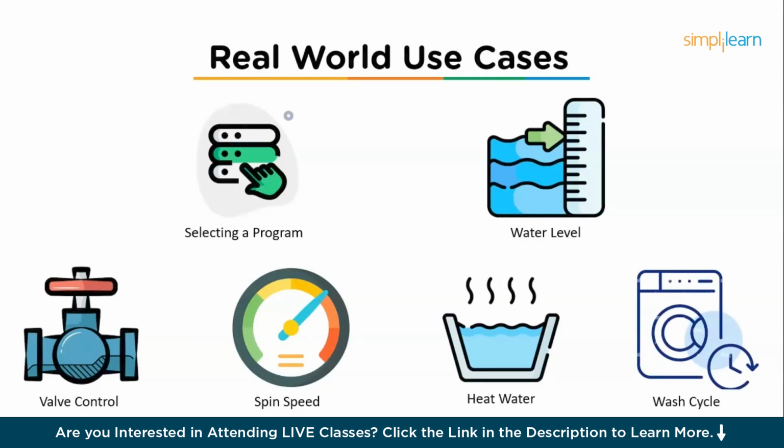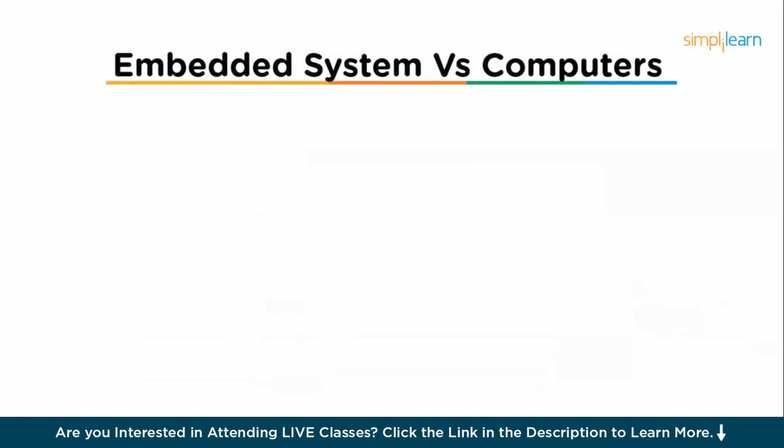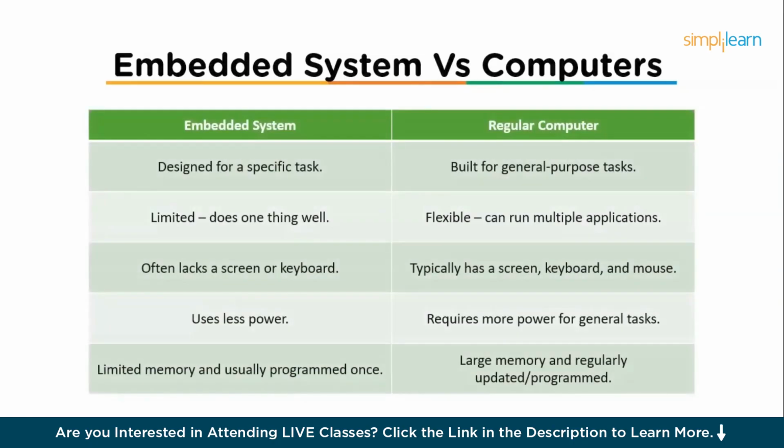Now, let us see embedded systems versus computers. So what is the actual difference? Embedded systems are designed for a specific task, whereas regular computers are built for general purpose tasks. So embedded systems are limited in flexibility, doing one thing pretty well, and regular computers are very flexible and can run multiple applications.